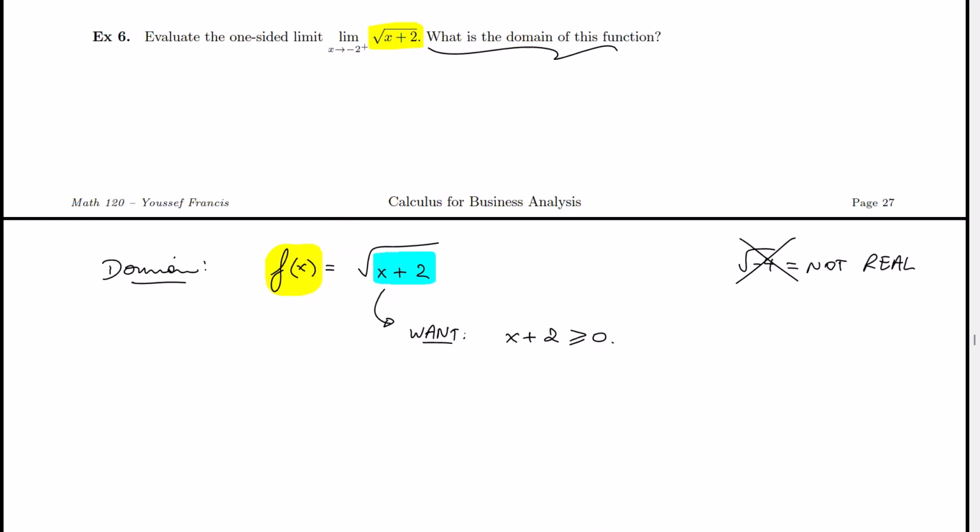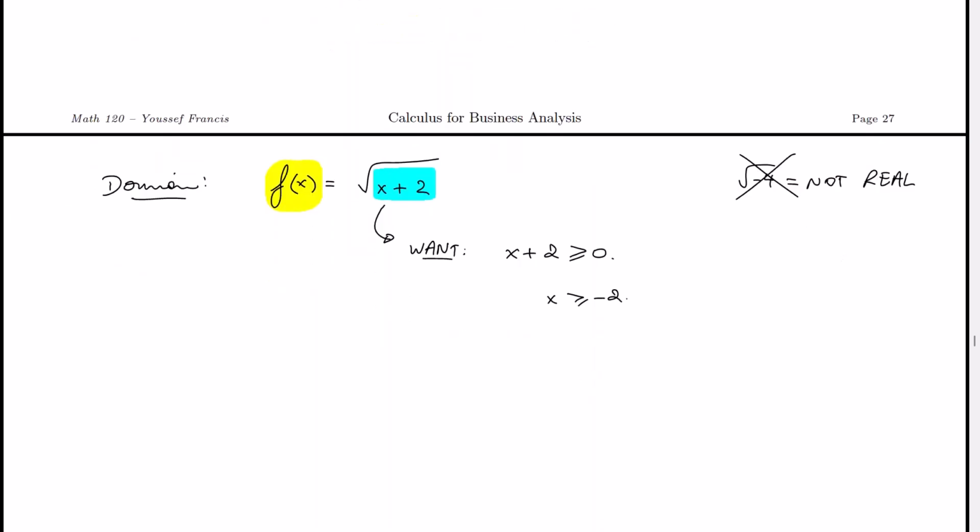For the function to give us an answer, we need to plug in a number that, when added to 2, is bigger than or equal to 0. So what does the number itself have to be? If we shift the 2 from the left to the right, we end up with x bigger than or equal to negative 2. On the real number line, this says that for your domain, you have to pick numbers that are either negative 2 or bigger than negative 2.